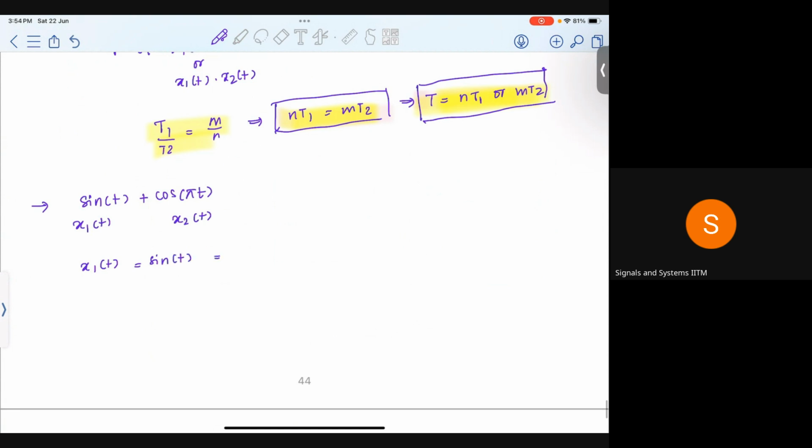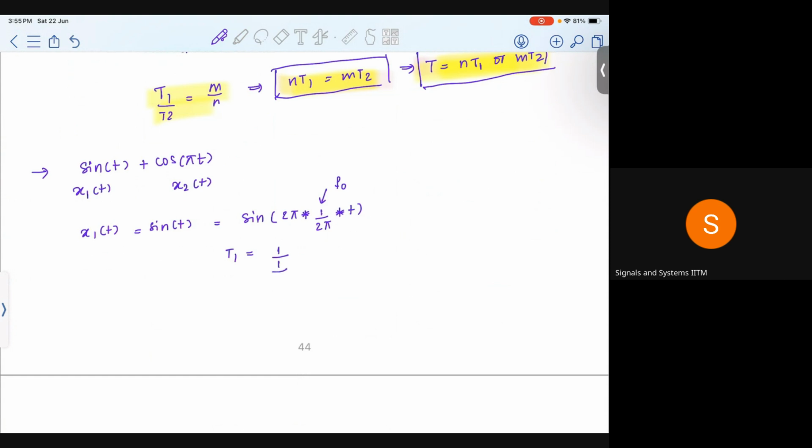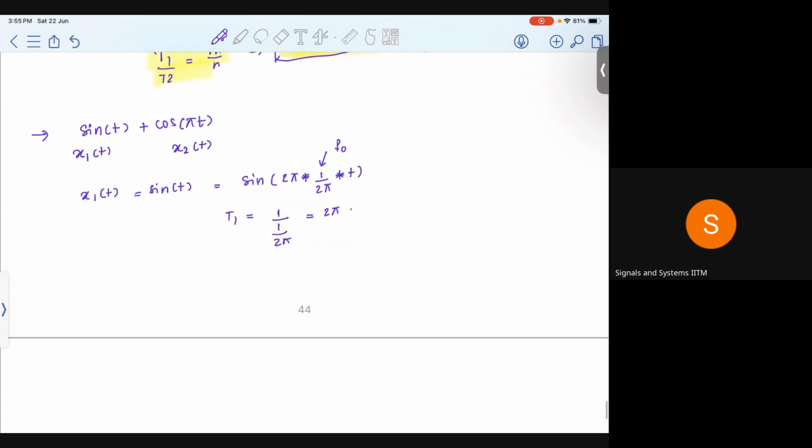Remember the periodic form: this is sine of 2 pi times 1 by 2 pi times t. This is your f naught, and the fundamental period T1 is 1 by 1 by 2 pi, which is 2 pi. Correct? Able to follow?